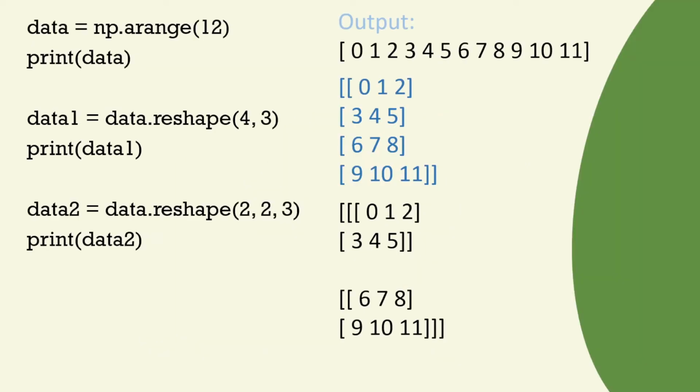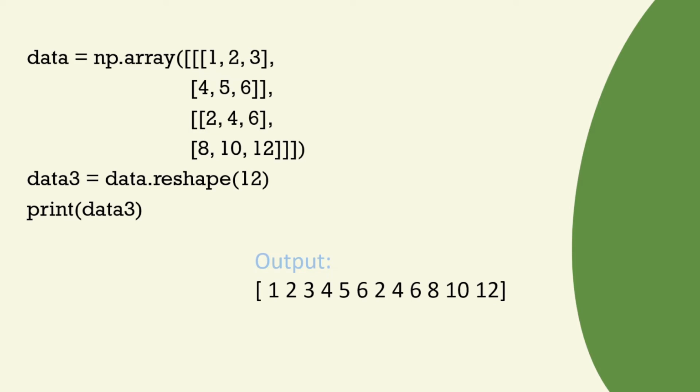So here we've created 12 elements, reshaped into 4 by 3, and then reshaped them into 2 by 2 by 3. We've slightly changed the colour of the output to make it easier to understand. But these are the outputs when we change the array of 12 elements to a shape of 4 by 3 and 2 by 2 by 3. We can also reshape back, so here we've got 4 by 3 and back to 1 dimension.